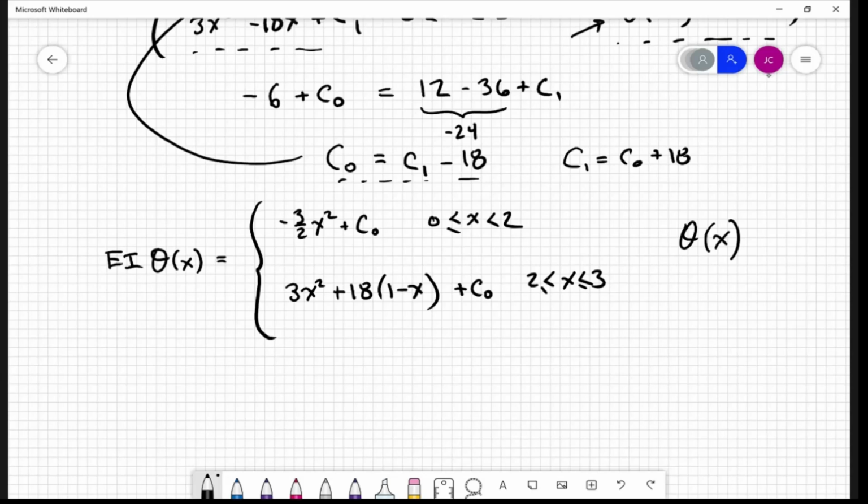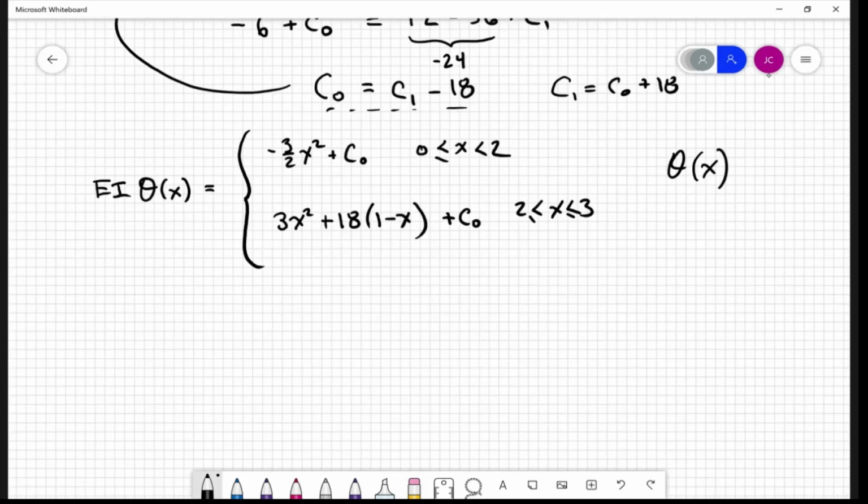And I can't really solve for that yet. The solution for that integration constant is going to get deferred to the deflection curve, because there we're going to be able to invoke the two boundary conditions that the displacement at A and the displacement at B are both 0. We could also just divide this by EI, but let's leave it that way.